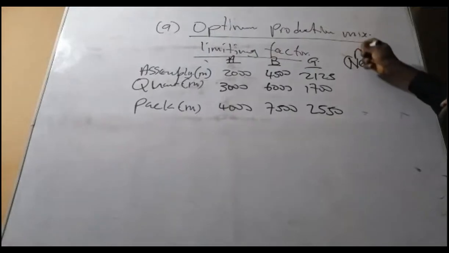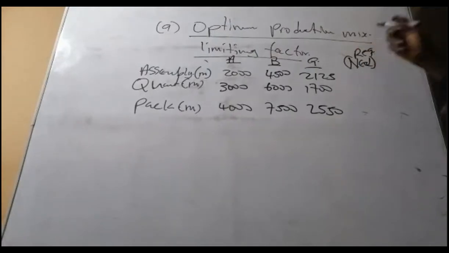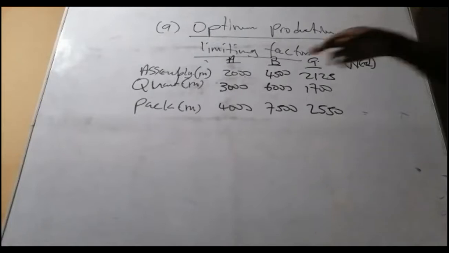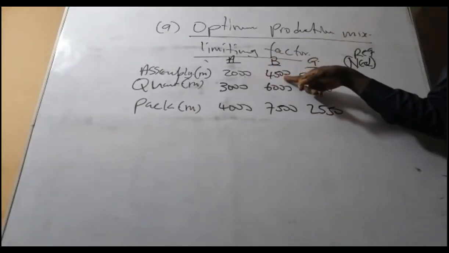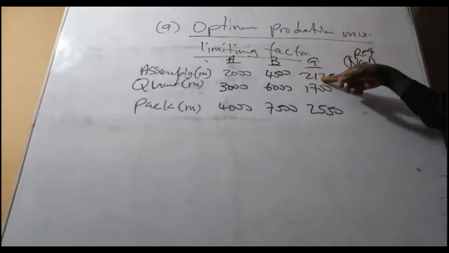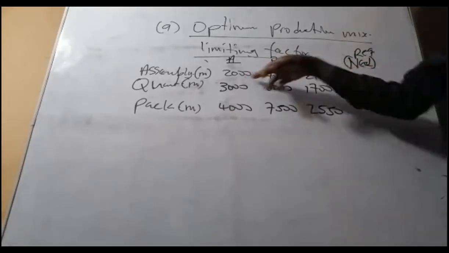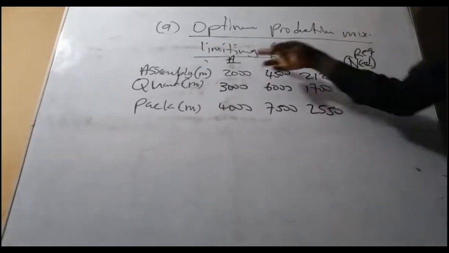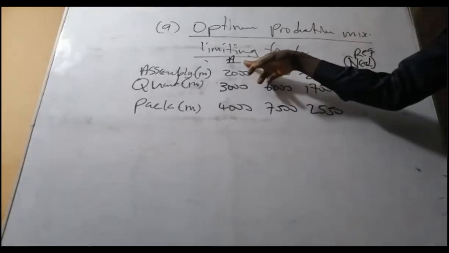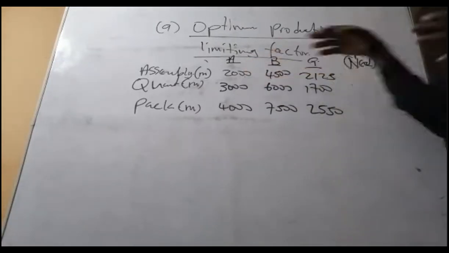So you sum them up, that's a total requirement, because you are not producing only 1 or 2 products, you are producing 3 products.